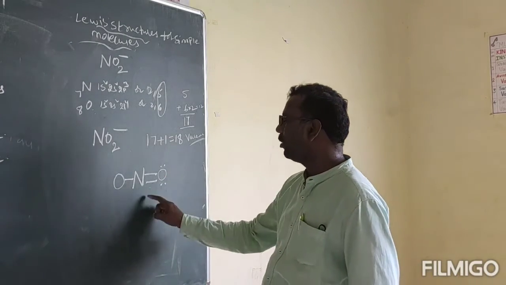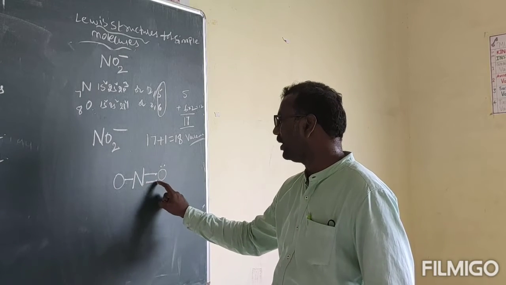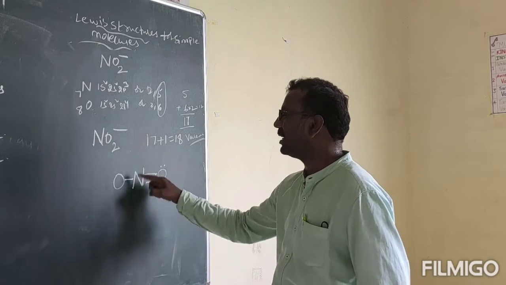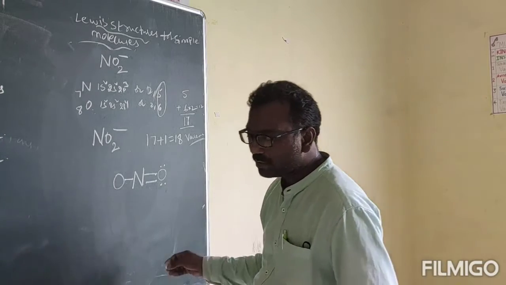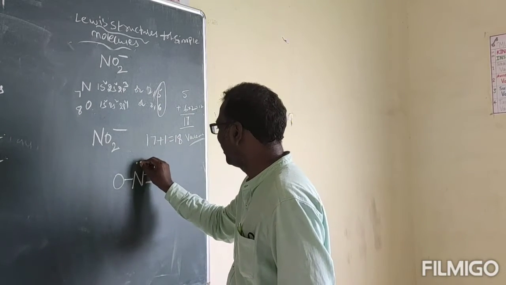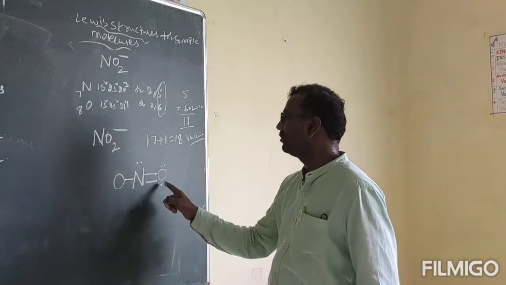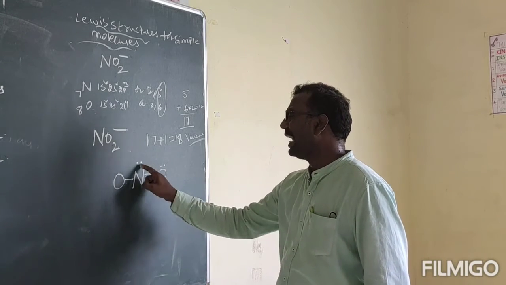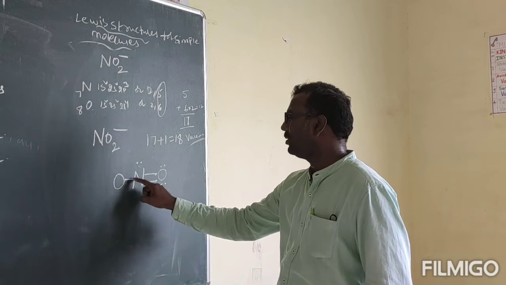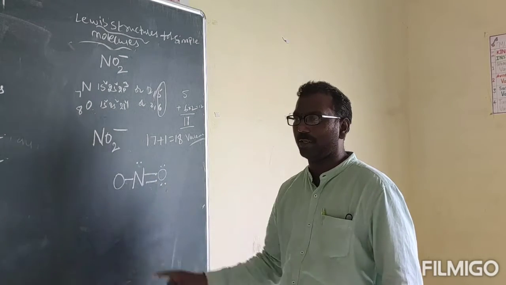Now count how many electrons nitrogen has: 1, 2, 3, 4, 5, 6 electrons, and it has one lone pair of electrons. Totally 8 electrons: 1, 2, 3, 4, 5, 6, 7, 8 electrons are there for nitrogen.